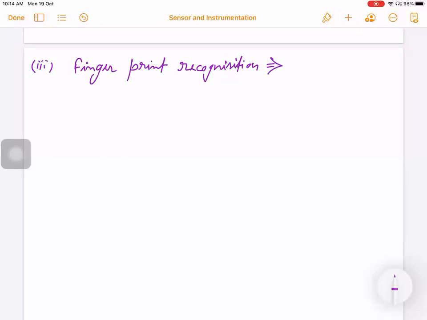I think all of you have seen this smart sensor. क्या करते हैं? We just put the finger on the particular lens available over there. It does real time scanning, scans your finger, and then compares this real time data with your stored data.